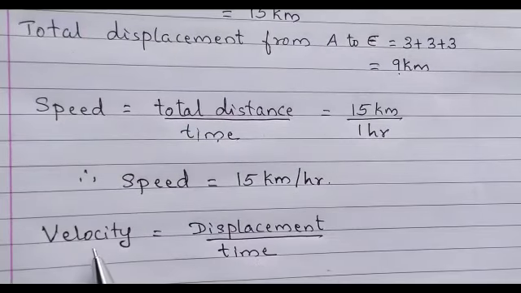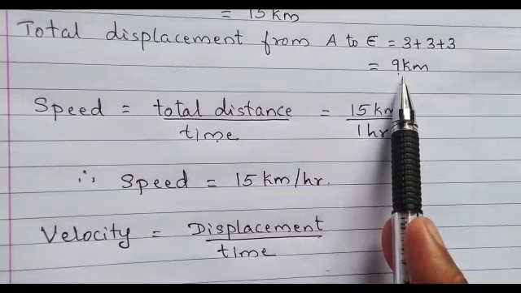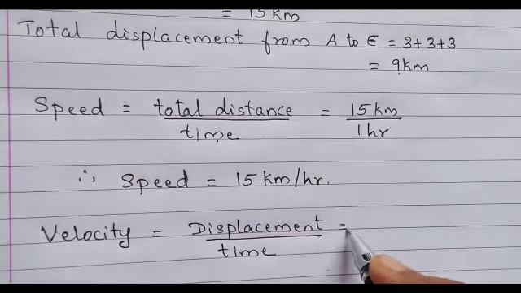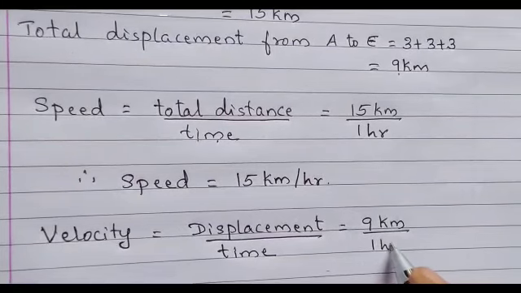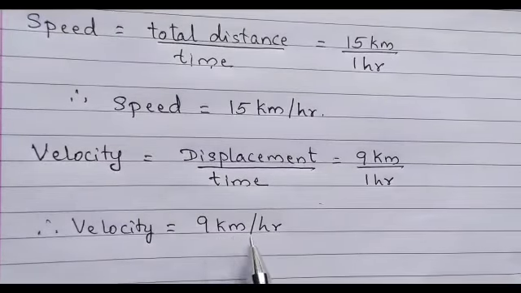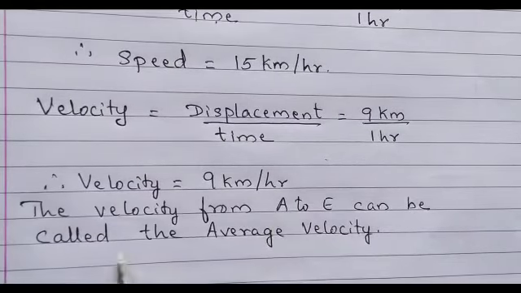Now let's see the velocity. Velocity is displacement upon time. What is the total displacement from A to E? That is 9 kilometers. So 9 kilometers upon the time taken, 1 hour. Therefore velocity is equal to 9 kilometers per hour. The velocity from A to E can be called the average velocity.